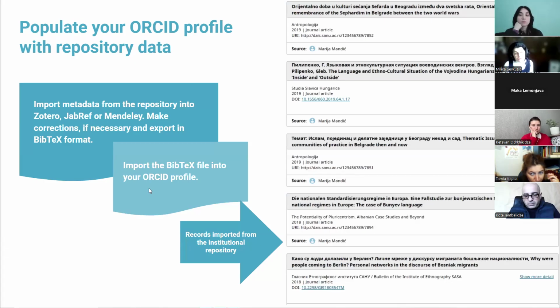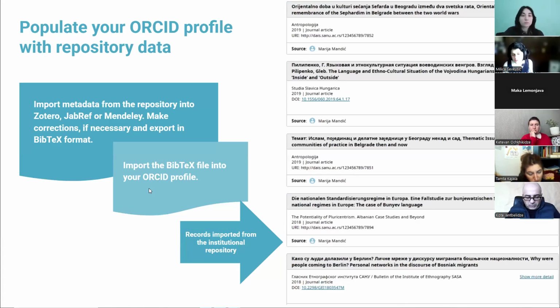But then people from the humanities would say, I can't really import my records automatically into my ORCID profile because they can't be found. My publications cannot be found in Scopus or Web of Science, so they are not covered by those services. And then we explained to them that there is a way: if the repository is harvested by OpenAIRE or by BASE, they can use those services.